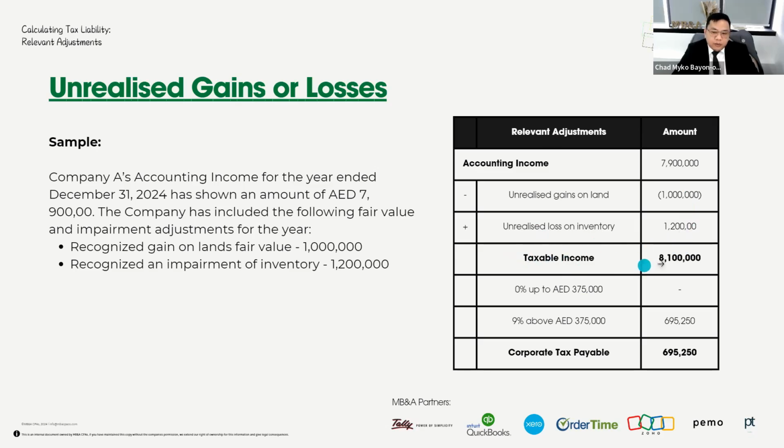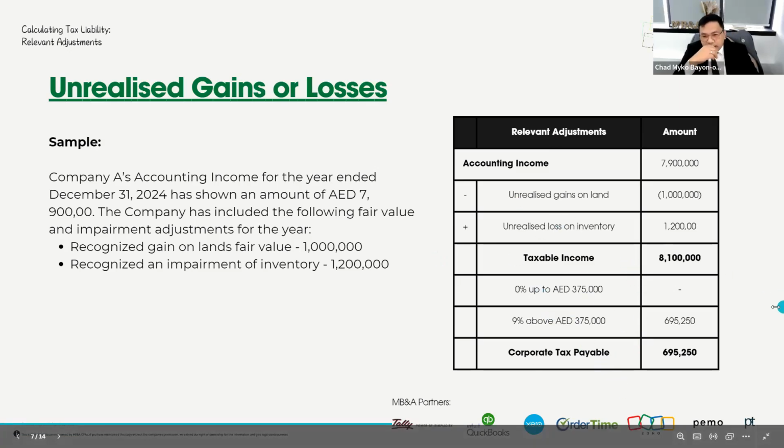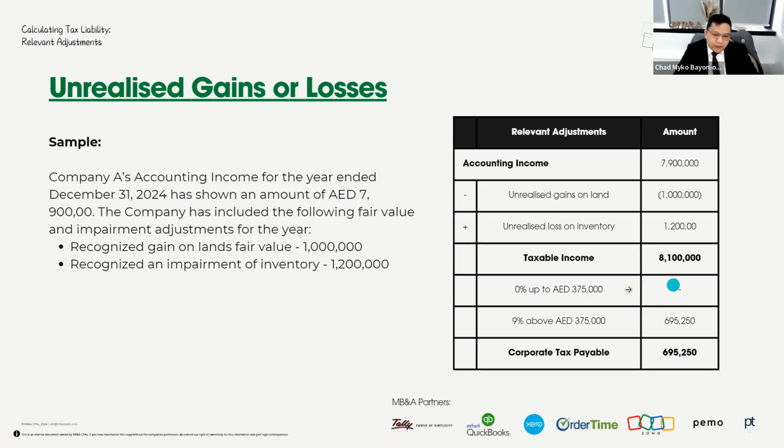and then we will be able to come up with our taxable income of 8,100,000. So normally, for the calculation purposes, up to 375, that will be 0%. So you will not be paying taxes for this.